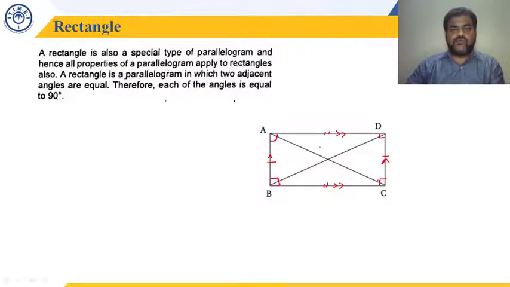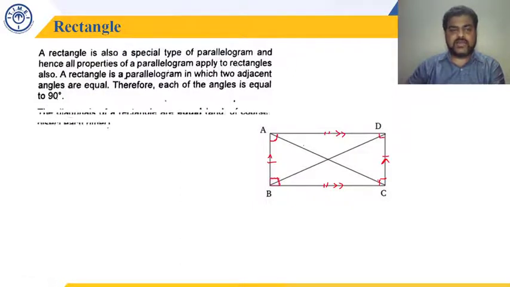So the extra property is that each of the angles in a rectangle is 90 degrees. Fine. Diagonals are equal in this case. In case of a rectangle, diagonals are equal. Okay. And diagonals definitely bisect each other.